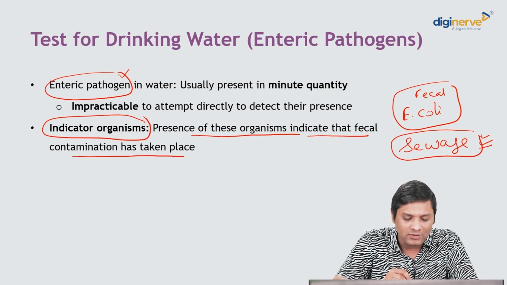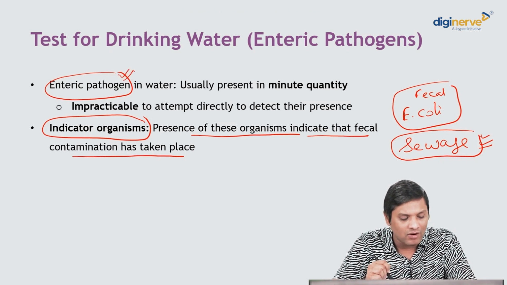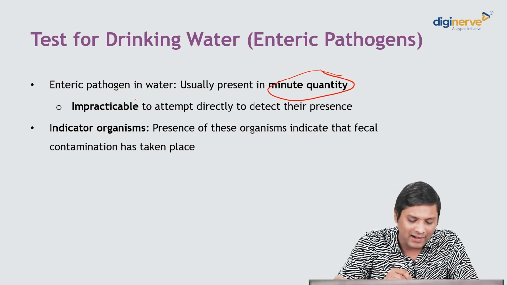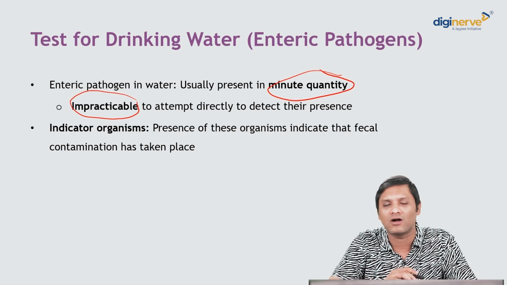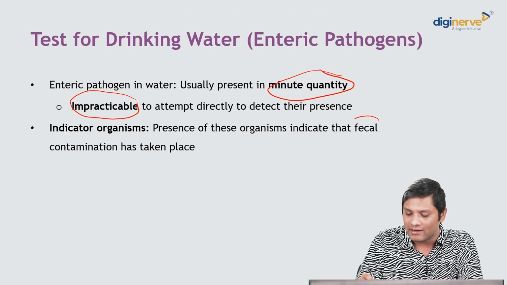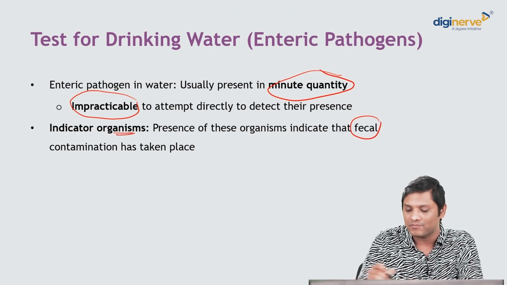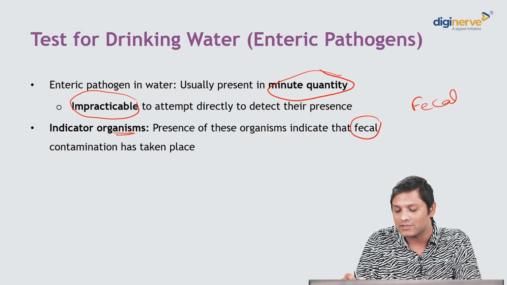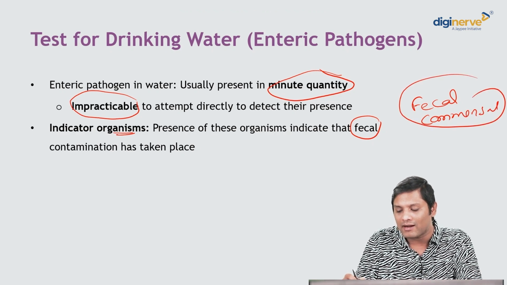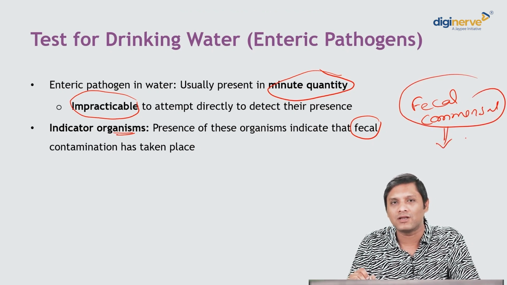Because enteric pathogens in drinking water are present in very minute quantity, it is impracticable to isolate these organisms in water. Therefore we indirectly detect the indicator organisms, which are various fecal commensals that may be present in the water.